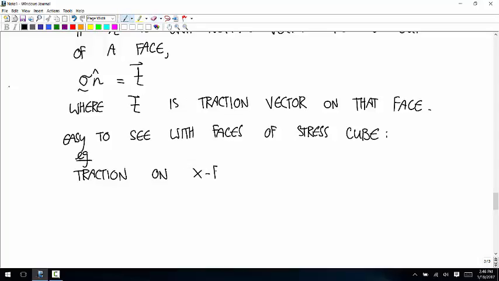On the positive x face, here's our general stress tensor.